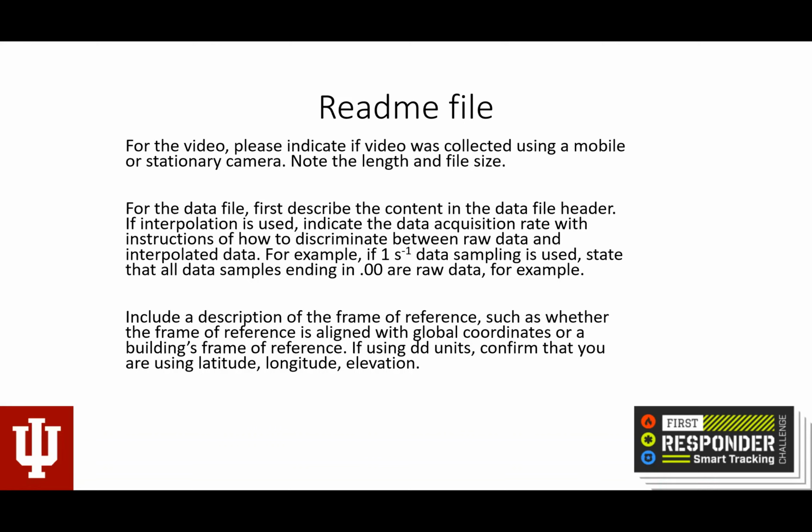For example, if 1 second to the -1 data sampling is used, state that all data samples ending in 00 are raw data. Include a description of the frame of reference, such as whether the frame of reference is aligned with global coordinates or a building's frame of reference. If using DD units, confirm that you are using latitude, longitude, and elevation.